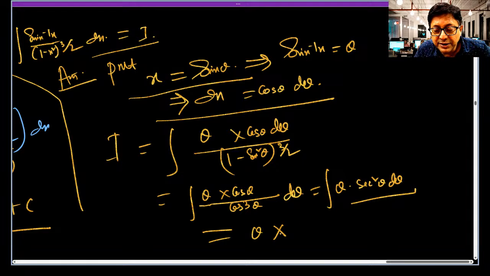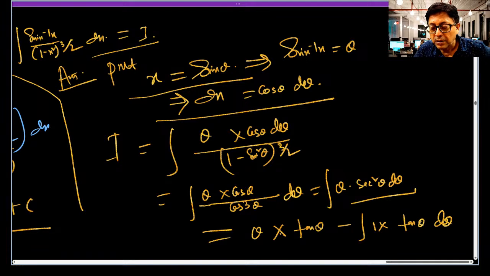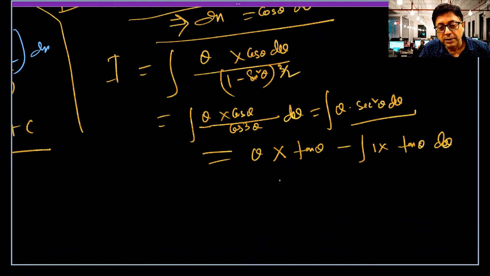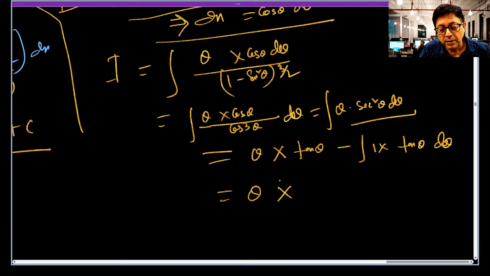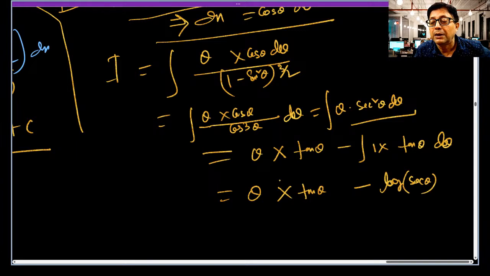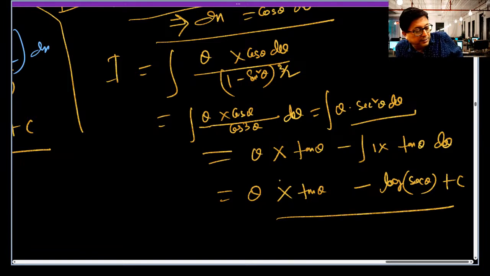Sec square theta integration will be tan theta, minus tan theta integration is log of sec theta plus c. Clear? Understood?